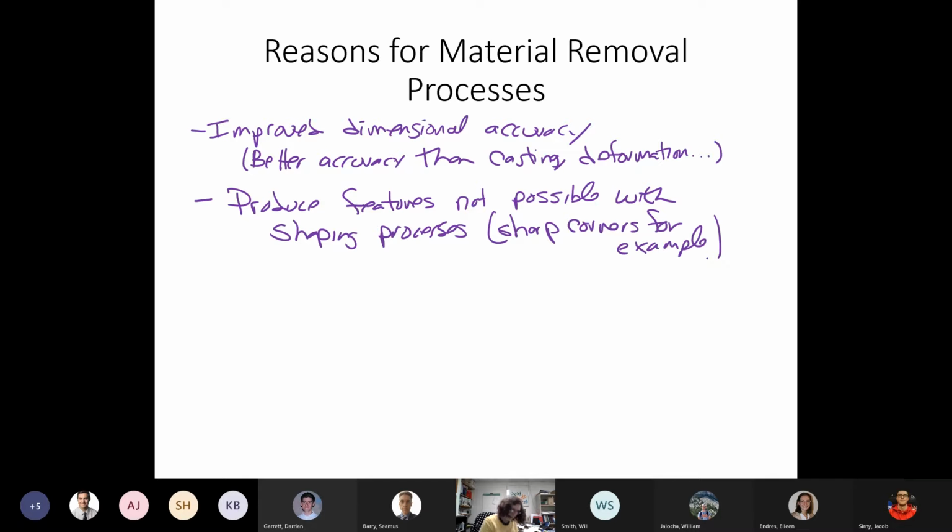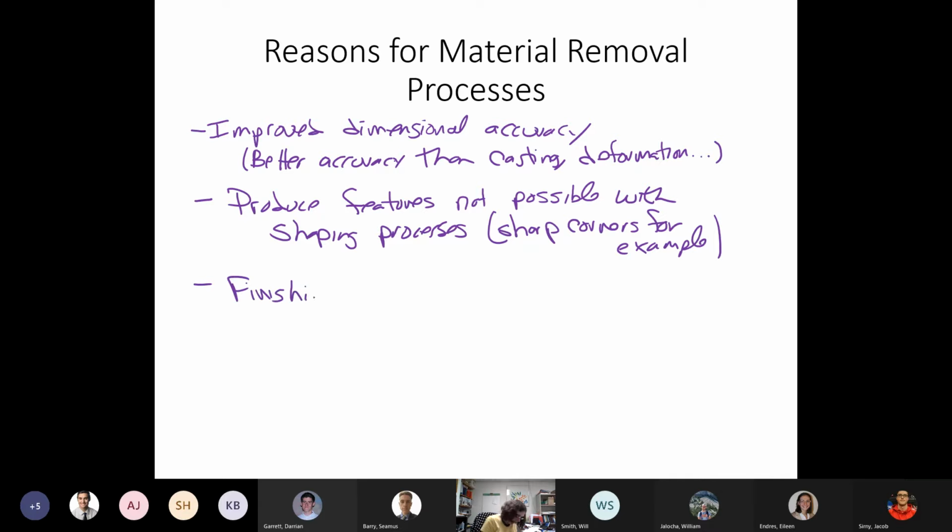If you remember, when we're talking about design for casting, for deformation, for forging, for extrusion, rounded corners usually comes up. So if we need sharp corners, machining or material removal is great.